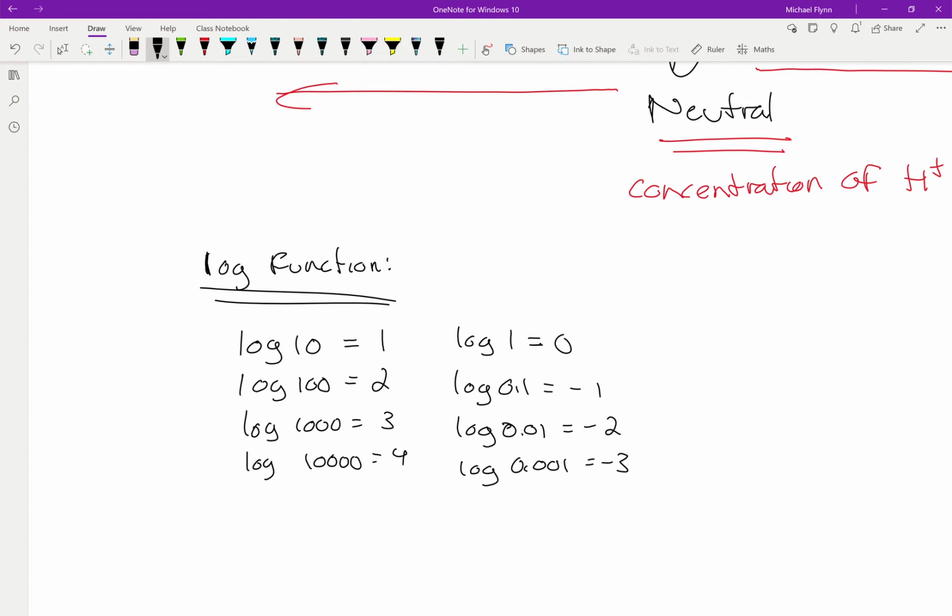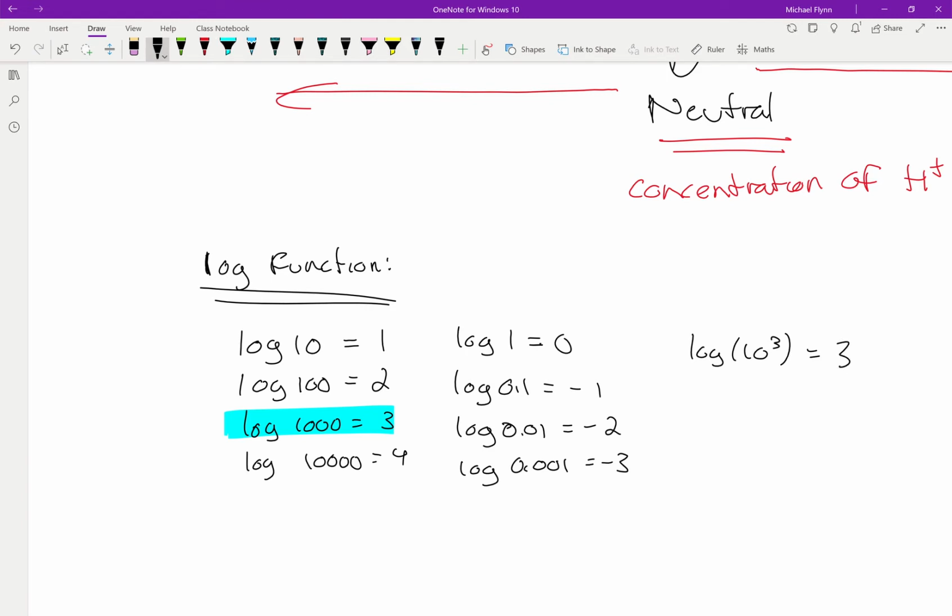The log button tells you how many powers of 10 are in the number. Okay, so for example, if I did log of 10 to the power of 3, now 10 to the power of 3 is 1,000, right? I already told you right over here that the log of 1,000 is 3, okay?